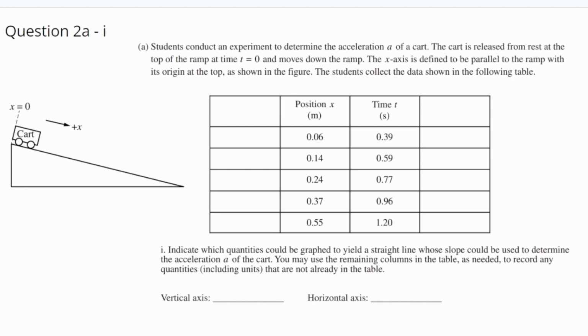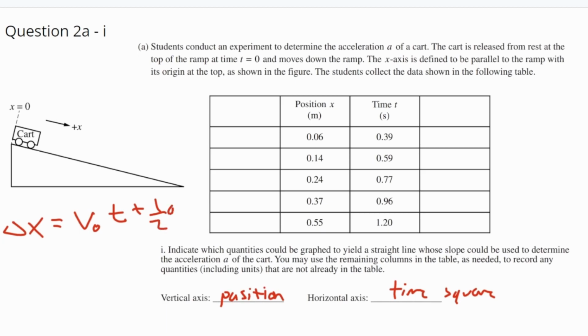We can determine many quantities, but the safest bet here, I would say, is position and time squared. Now, why do we use this? Because if we remember our formula, 1D kinematics, we had delta x equals v0t plus 1/2 at squared.